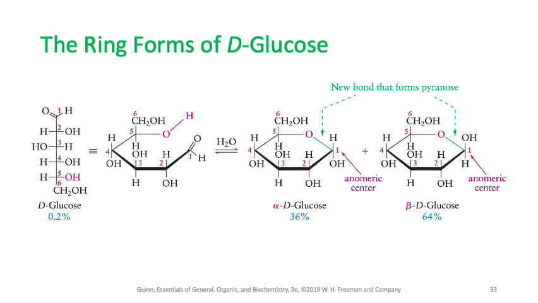So now we're going to learn how this ring form normally forms. We take an example of D-glucose, right? In D-glucose, according to the rule that we learned on the previous slide, the last chiral carbon atom that has an OH group, the hydrogen from this OH is going to get attached to this oxygen, right?